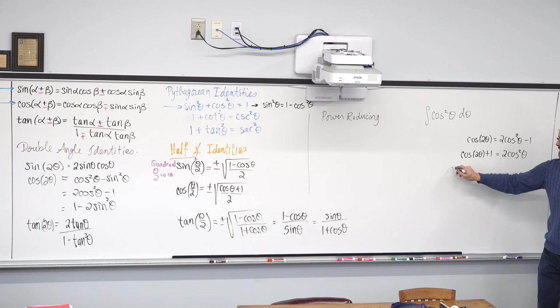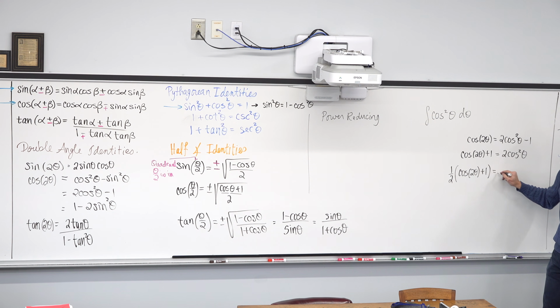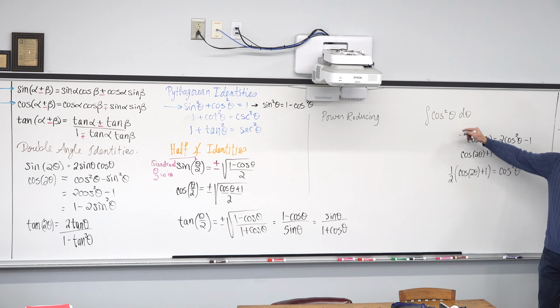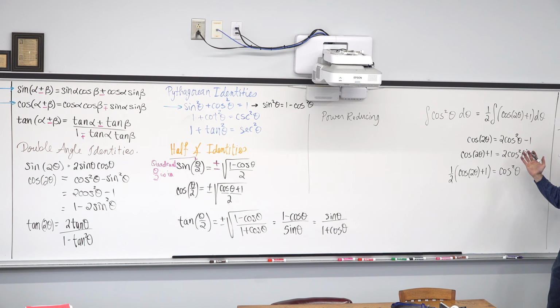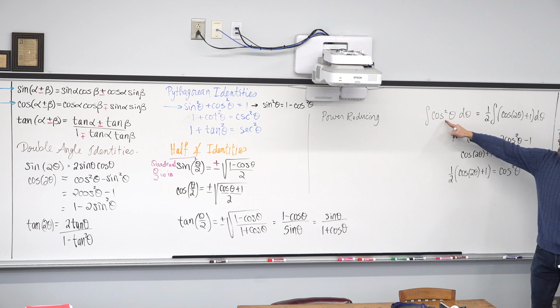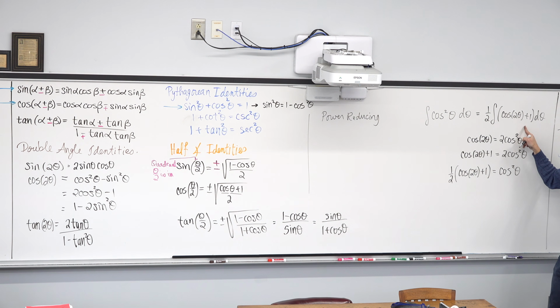Divide both sides by 2 and get 1/2 times cosine of 2 theta plus 1 is equal to the cosine of theta squared. Where this is a problem you cannot do in calculus, this is a question that you can. What that looks like is beyond the scope of this course.